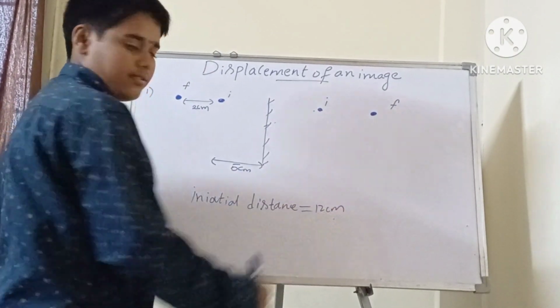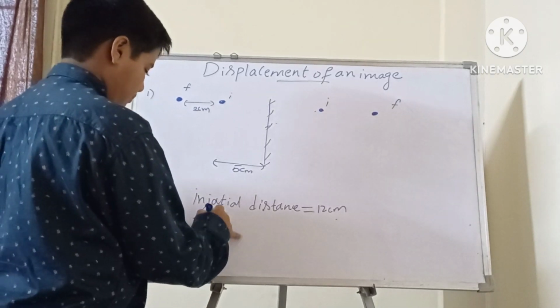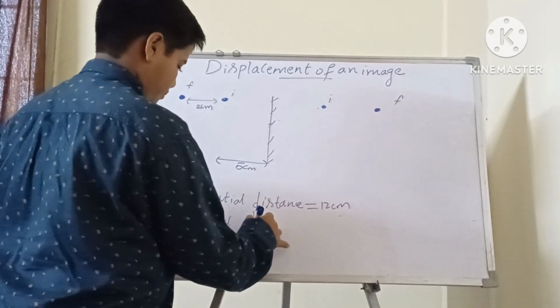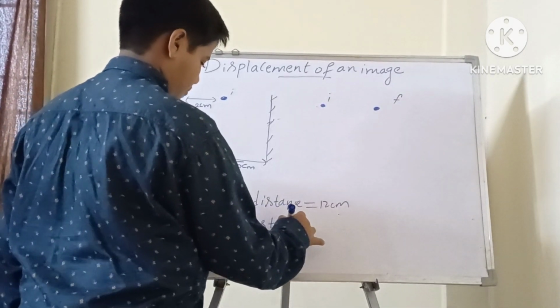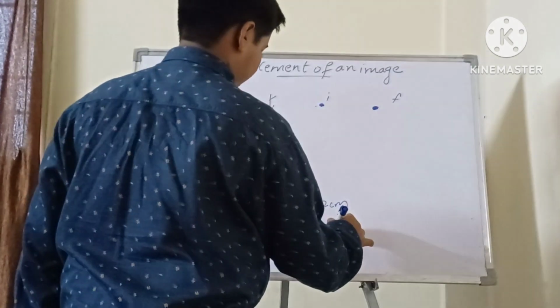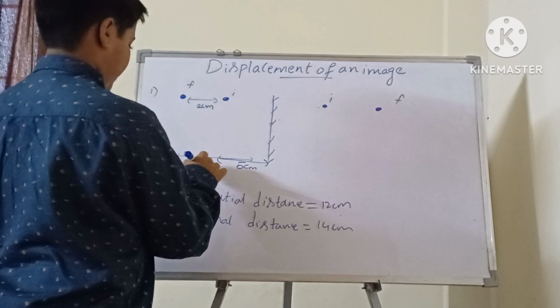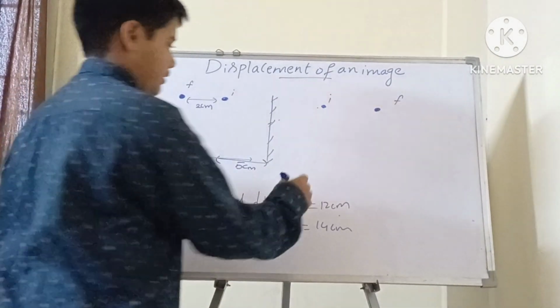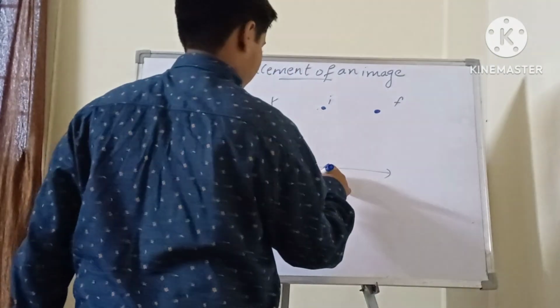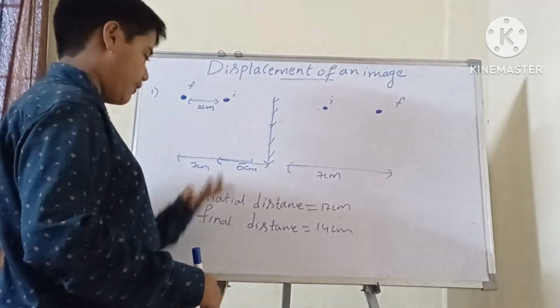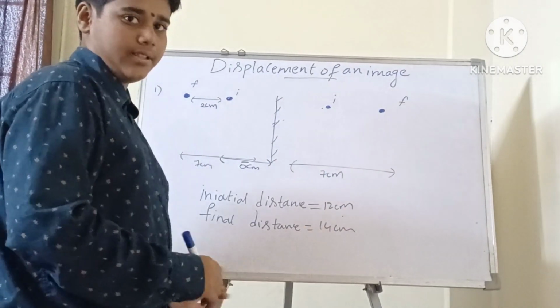So 12 centimeters, and the final distance is 14 centimeters because this is 7 centimeters and this is also 7 centimeters. So 7 plus 7, 14 centimeters.